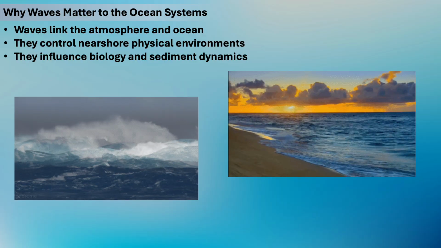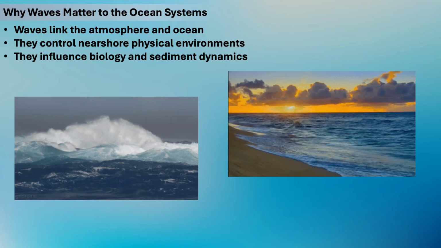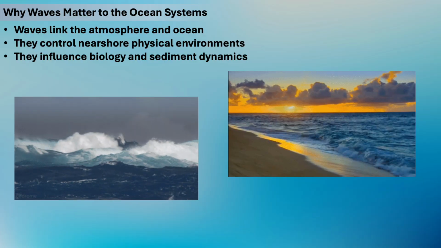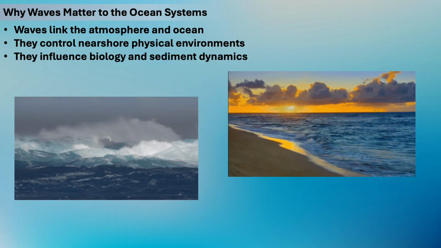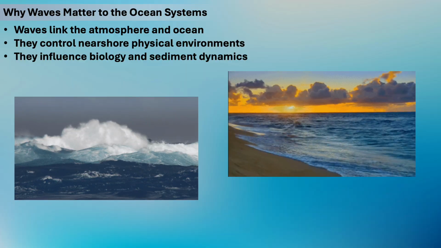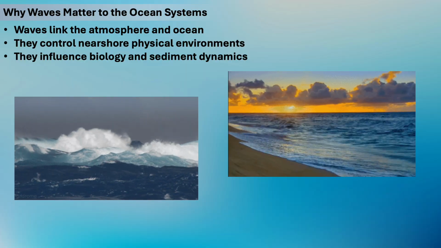And finally, waves provide an essential conceptual bridge to the rest of this unit. Tides, which we will examine next, can be understood as extremely long wavelength waves driven by gravitational forcing rather than wind.